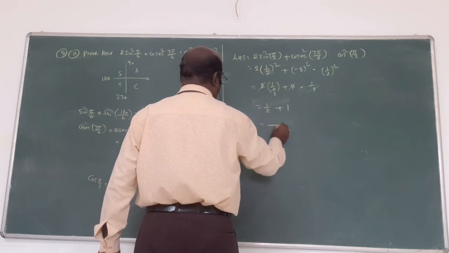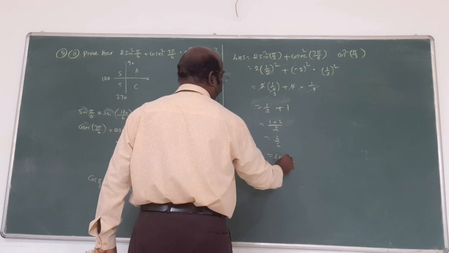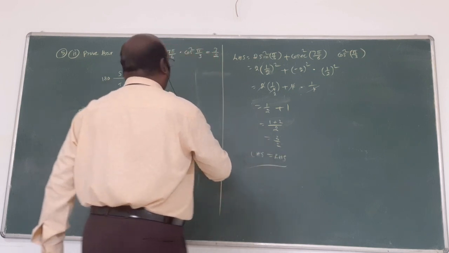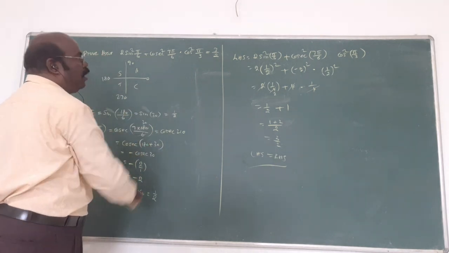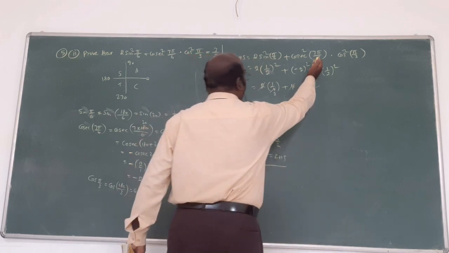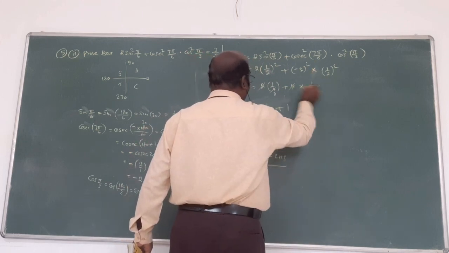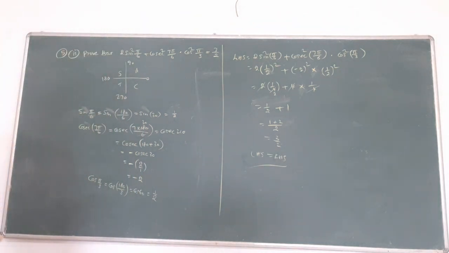Plus 1 by 2. I wrote the question down. Inter means multiplication, then cancel. The result is 3 by 2. That's all. Can you write the question clearly?